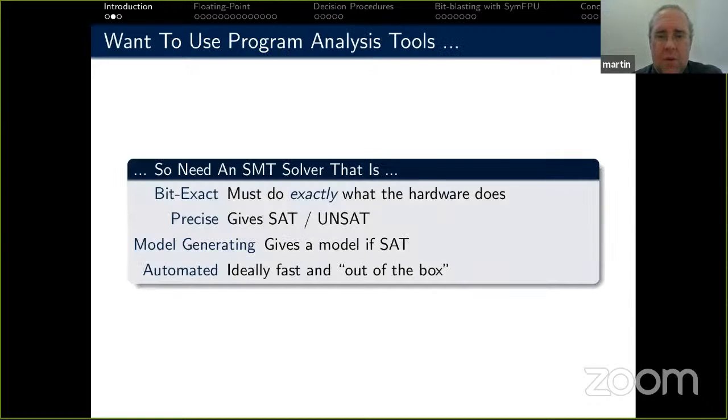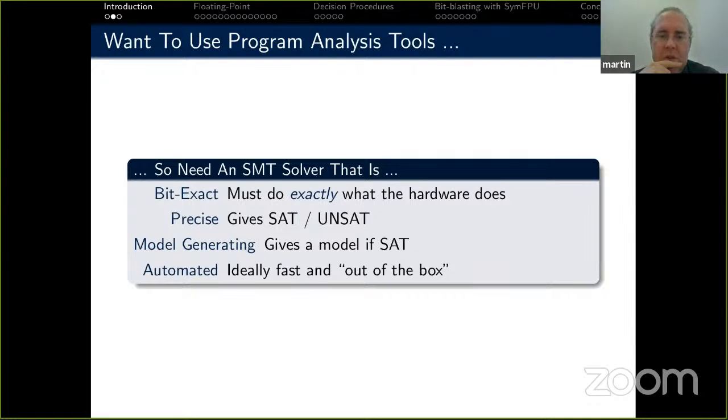If our solver's detail of floating point is different to our hardware's, it's just not going to work. Your solver will say, oh, this could happen, and then you run it on the actual hardware and it's like, no, it really doesn't. That wastes everyone's time and makes people not confident the solvers are correct. So we need it to be exactly what the hardware does.